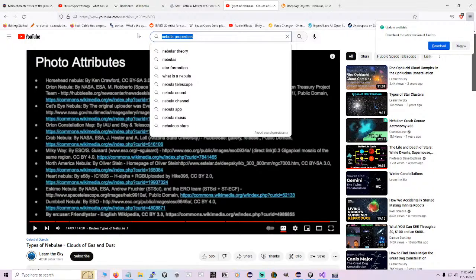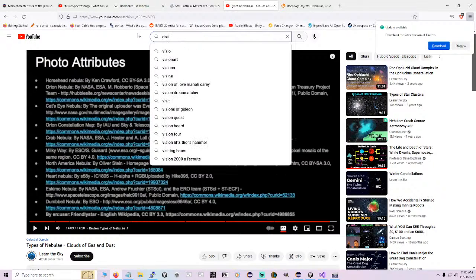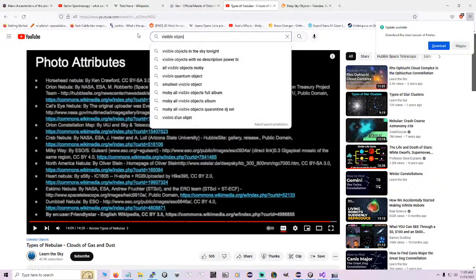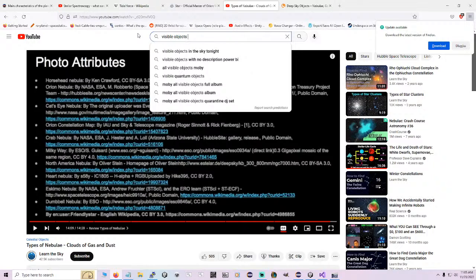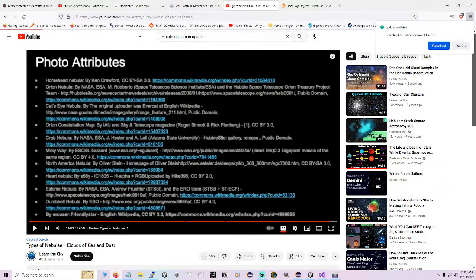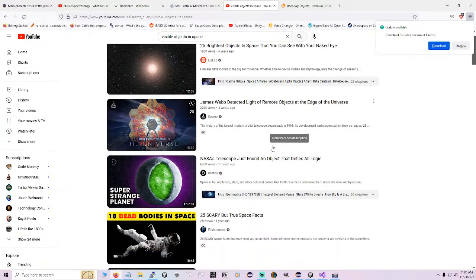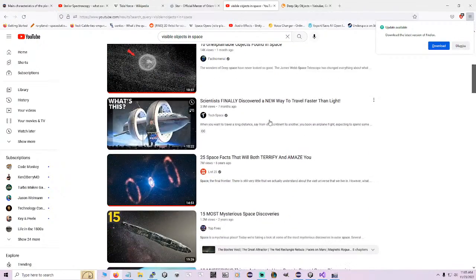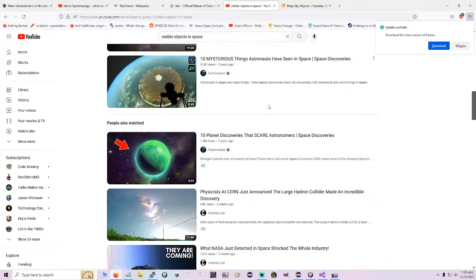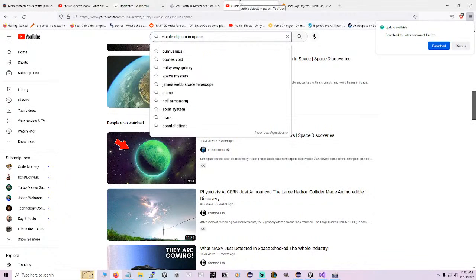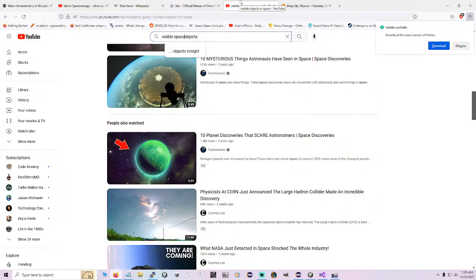So nebula properties, visible objects in space. And obviously there'll be comments and stuff, and those remote objects defies all logic. I mean, like, I kind of want to see objects. What do you see? Visible space objects. In. Visible space objects.